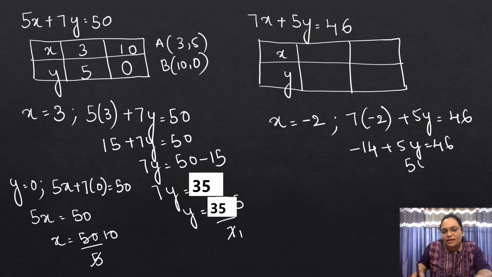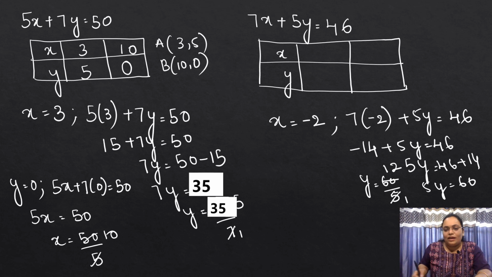So 5y is equal to 46 plus 14. 5y is equal to 60. y is equal to 60 divided by 5, which is 12. So when x is equal to minus 2, you will get y is equal to 12.